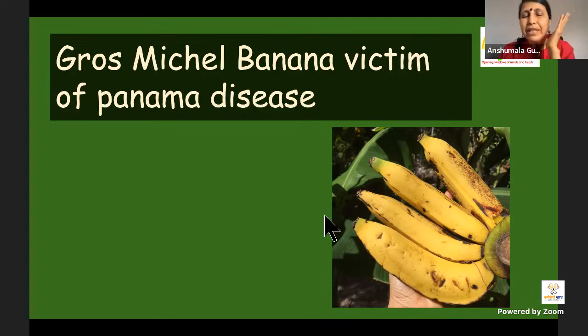It was very sweet, very tasty, but it caught a disease called Panama disease. It's a fungal disease. And this banana did not have the capacity to fight against this disease. So this banana died. It became extinct from the face of the world. It's gone. It couldn't be saved.